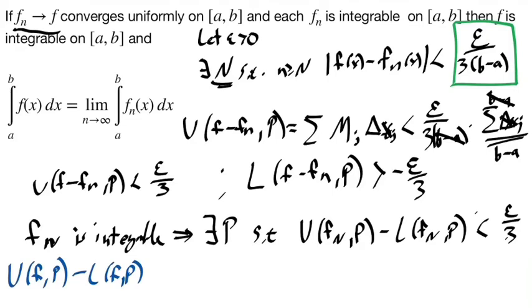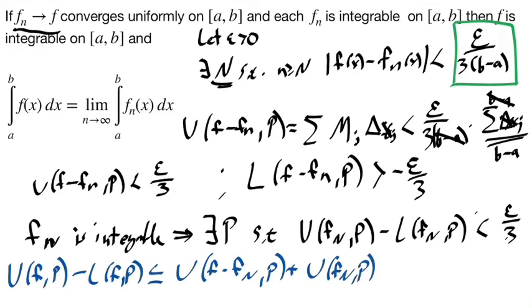So my upper minus my lower, well, this has to be less than or equal to U of f minus f capital N for my partition, plus U of f capital N of my partition minus L of f capital N of my partition minus L of f minus f capital N for my partition.